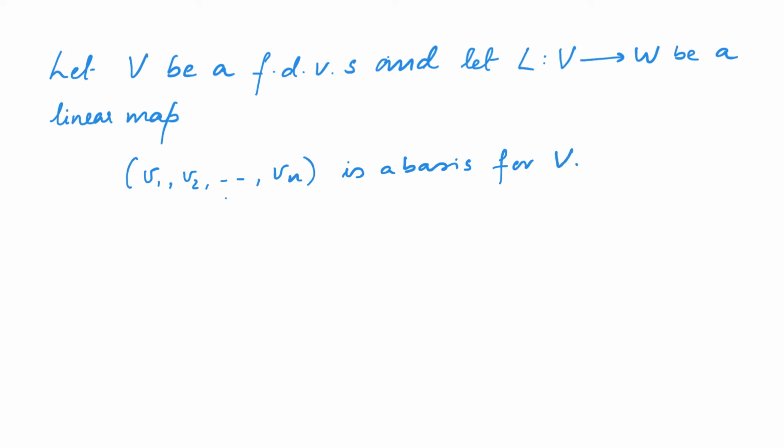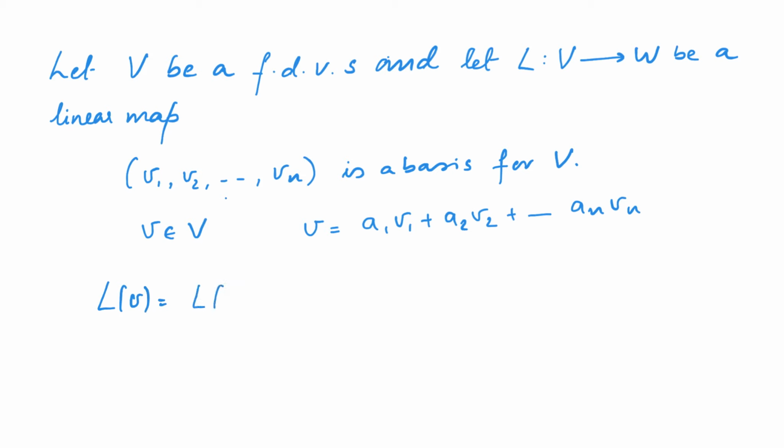Now notice that as v1 to vn forms a basis for V, any element v in the vector space V can be written as v is equal to a1 v1 plus a2 v2 plus etc. up to an vn. Therefore, L of v is equal to L of a1 v1 plus etc. up to an vn.